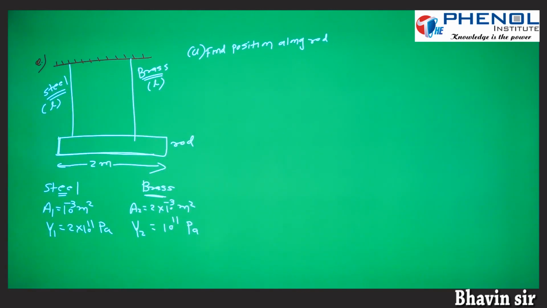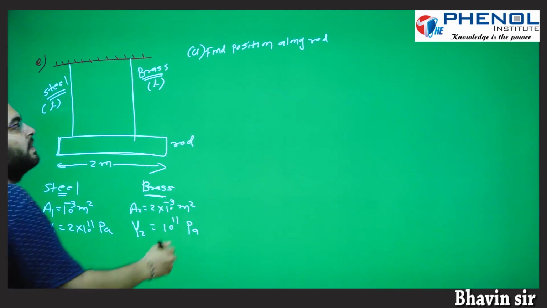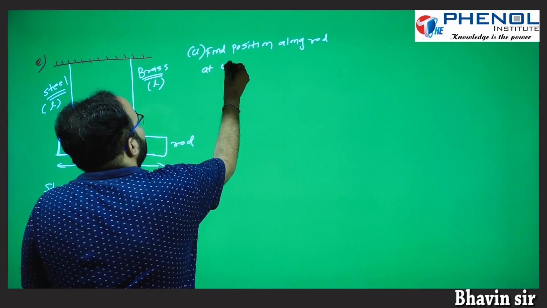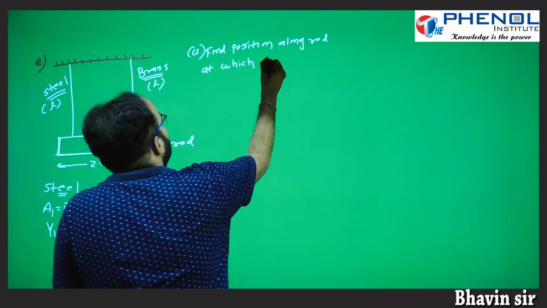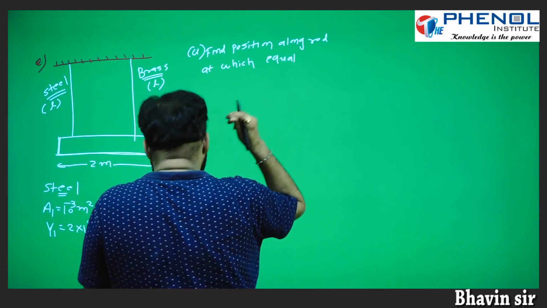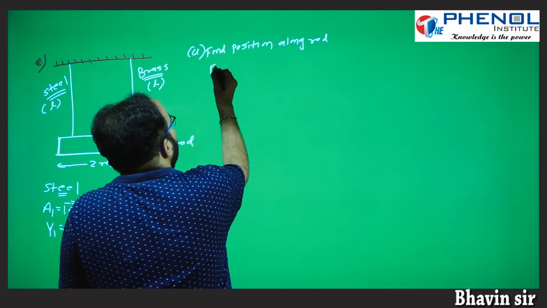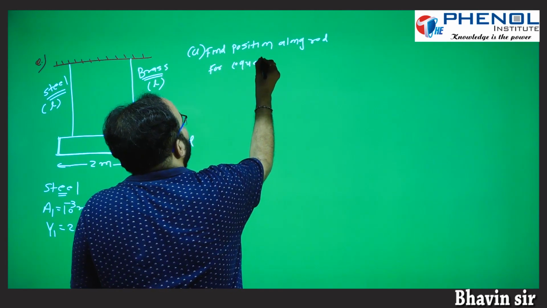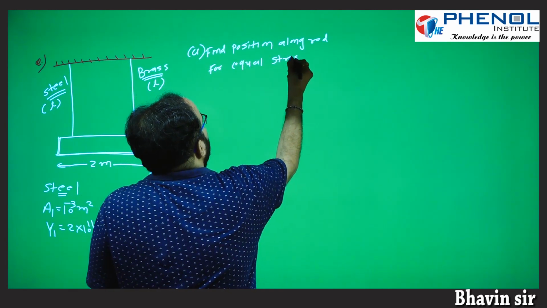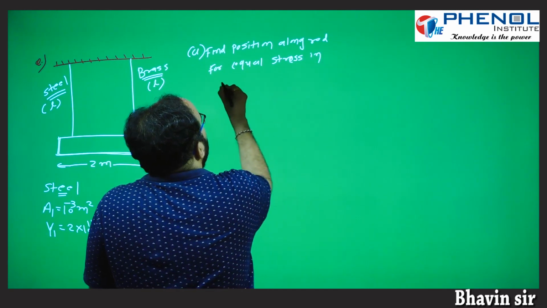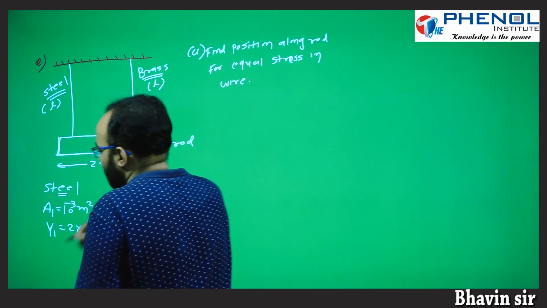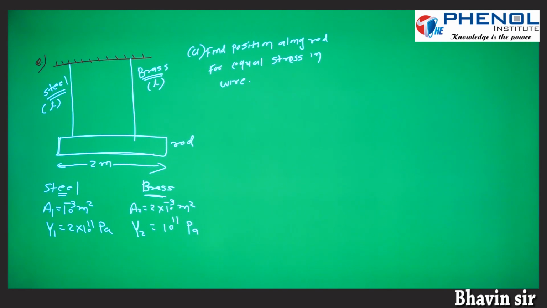Find the position along the rod for equal stress in a wire. So stresses are equal, then what is that position?